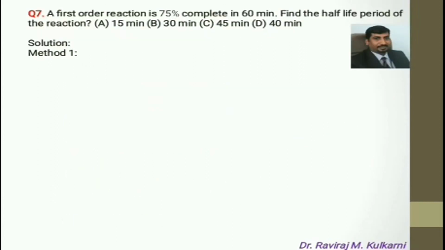Take another example, question number 7. A first order reaction is 75% complete in 60 minutes. Find the half-life period of the reaction. Options: A 15 minutes, B 30 minutes, C 45 minutes, D 40 minutes.